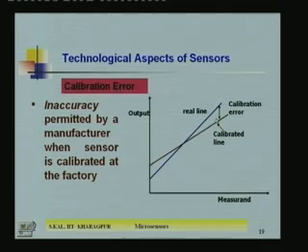Whatever calibration has been made at the manufacturer site is not the same when you go to measure. Why? Because during transportation, packaging, or aging, the calibration error may change, the calibration line may change, and that means it is not highly stable.